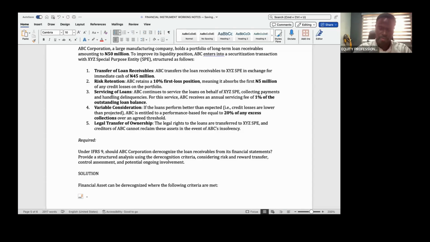Number one, the contractual rights to the cash flows have expired. And number two, there is a transfer of substantial risk and reward.